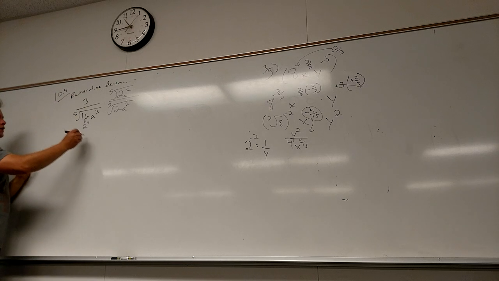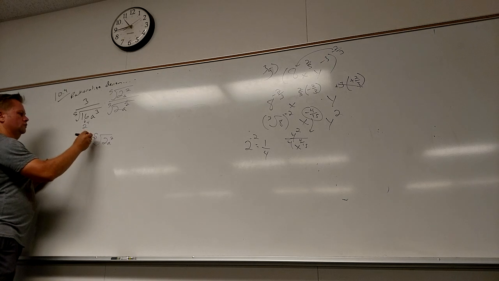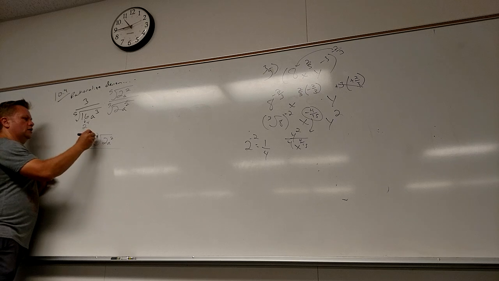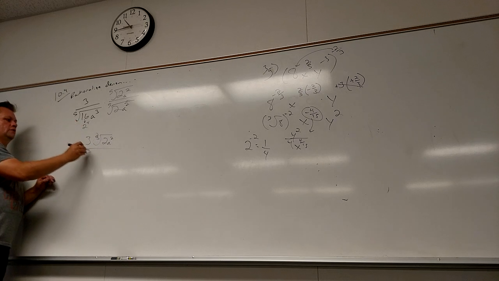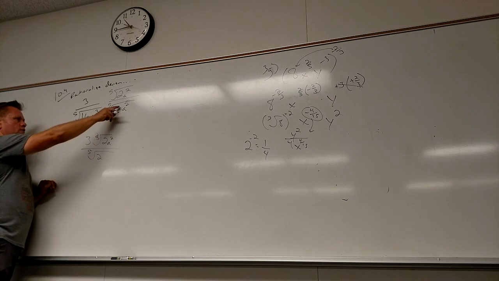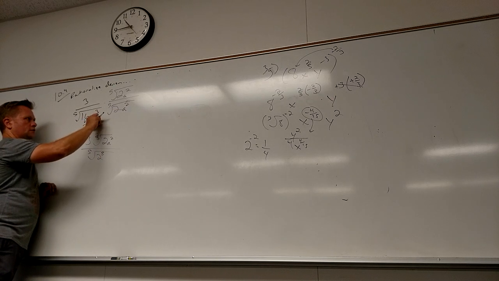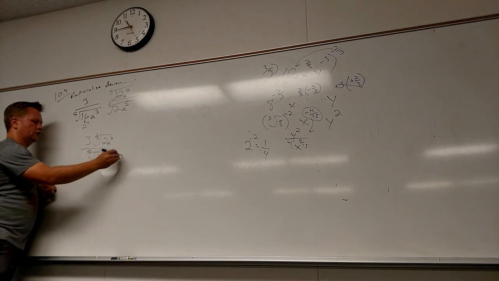So on the top, you get 3 times this stuff, right? And on the bottom, you get 5th root of 2 to the 5th, A to the 5th, which is how you designed it, right?